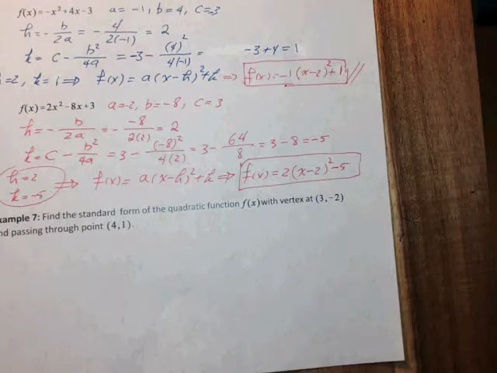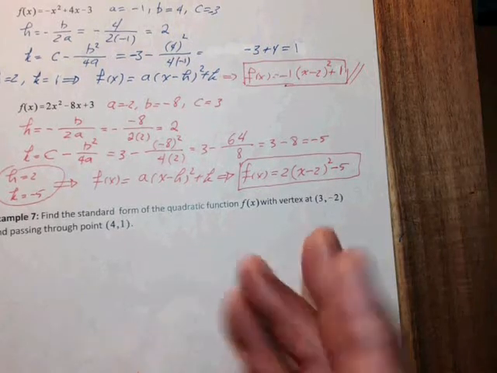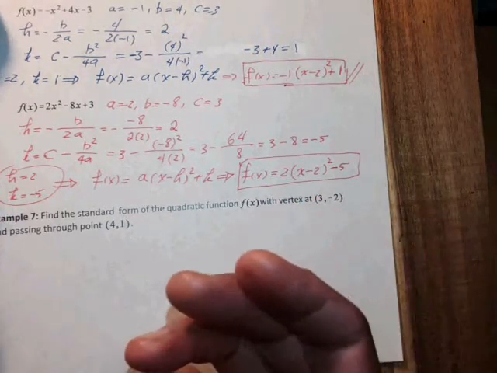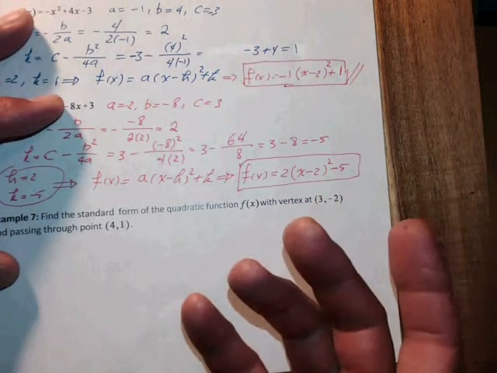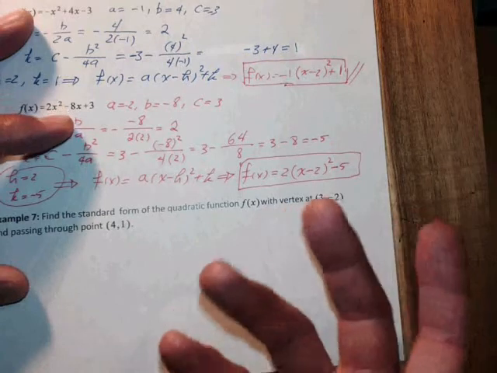There is one more type of function that we learn, the type where they give you certain information about your quadratic function and want you to find the equation of that.